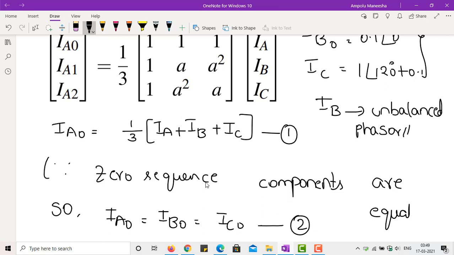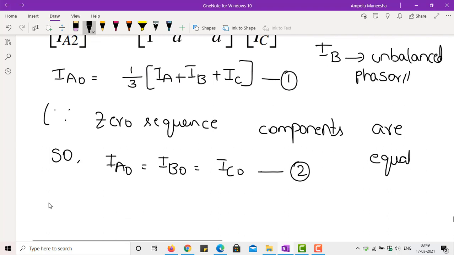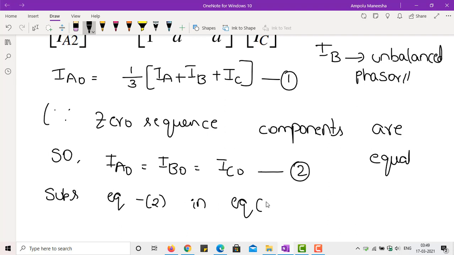So, we can substitute IB0 instead of IA0. Substitute equation 2 in equation 1, and we have IB0 is equal to 1 by 3 into IA plus IB plus IC.